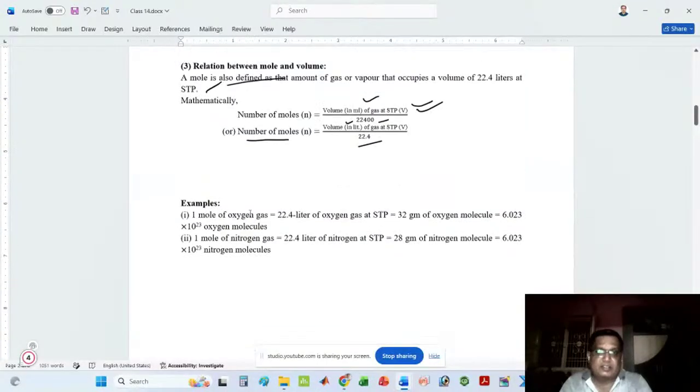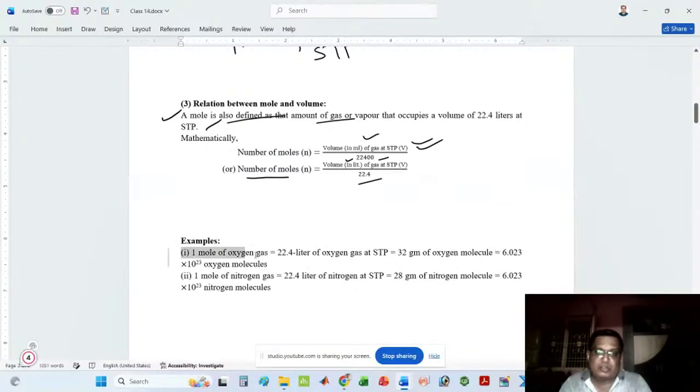Now take an example. We need 1 mole of oxygen gas. It is a molecule. In number, it must be equal to 6.022 into 10 to the power 23 oxygen molecules. If I think about the weight, since it is a molecule, it must be equal to the gram molecular mass.